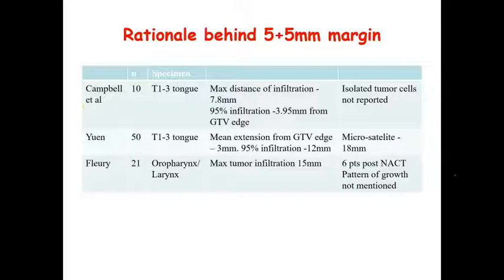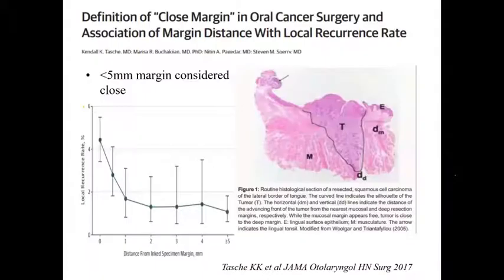If you're including the next 5 millimeters in your CTV, then you are even taking care of the maximum areas or satellite areas where the tumor could have infiltrated, because that's roughly about 8 to 10 millimeters. So they are putting their bet on 10 millimeter.